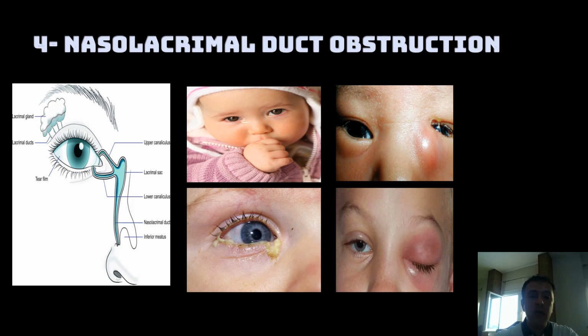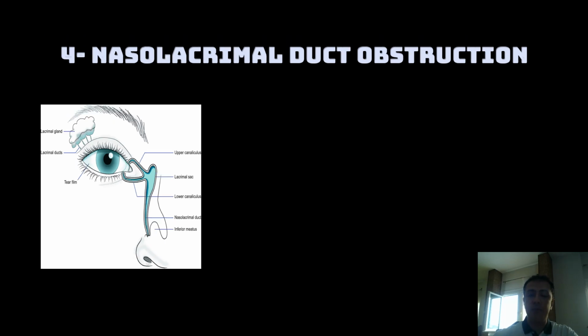Usually, the nasolacrimal duct is occluded till the age of 9 months of gestation and starts to open by the age of 9 months of gestation till the age of 9 months of life. So if the child has delayed opening of the nasolacrimal duct, he will come with these lacrimation, recurrent inflammation, lid swellings, and etc.